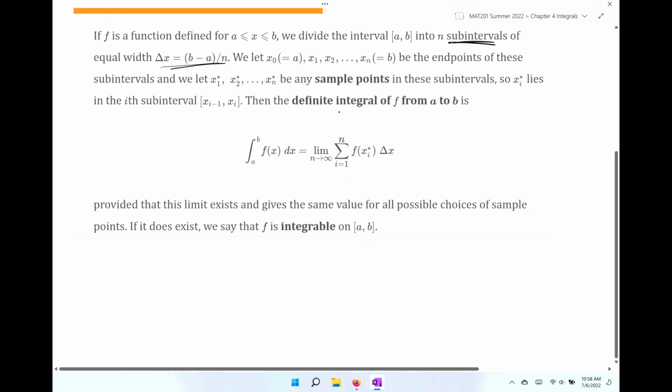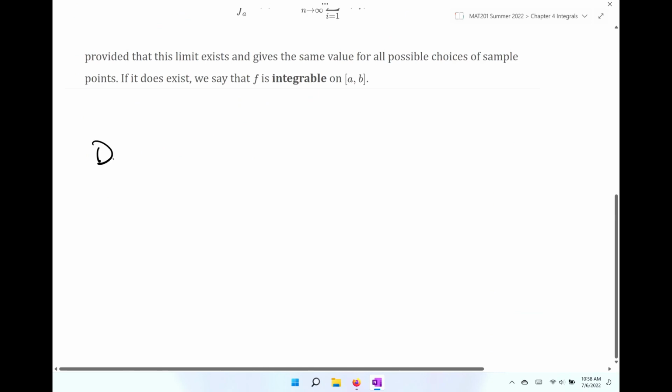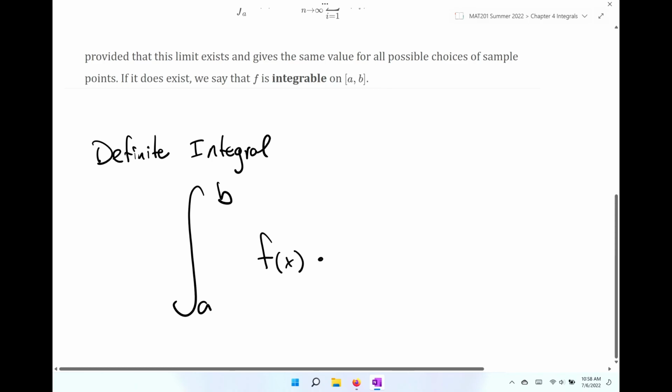So the first thing I want to do is just dive into what this definite integral represents. Now, I'm going to put this little multiplication symbol here once, but normally I would just write it like this.